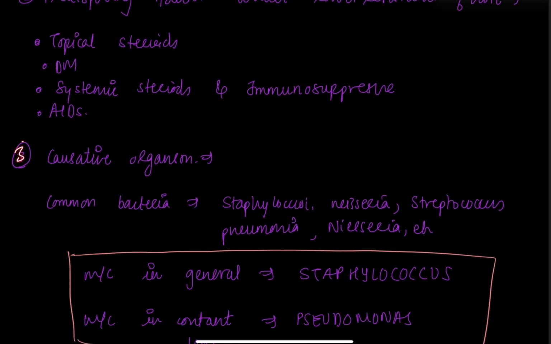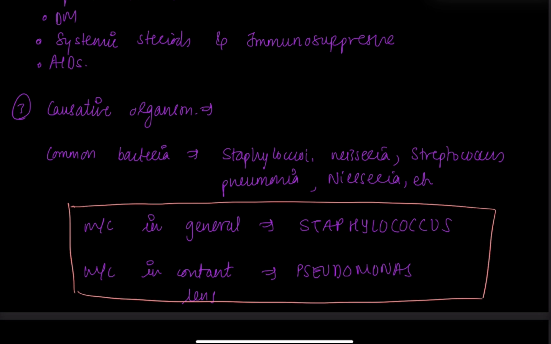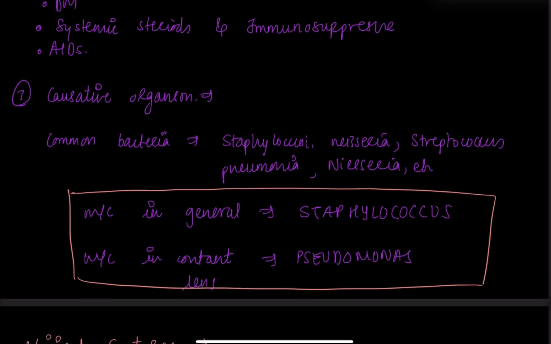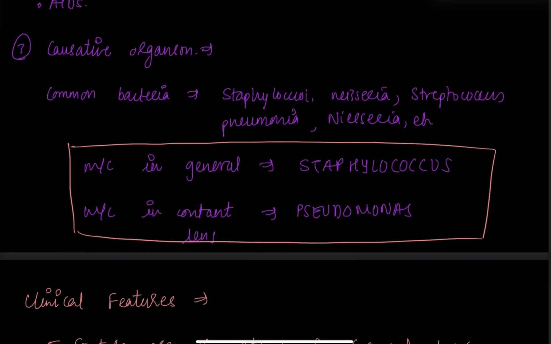Then the third one is the causative organisms. The common bacteria causing bacterial corneal ulcer are Staphylococci, Streptococcus pneumoniae, Neisseria gonorrhoeae, etc. You have to write this, and it is one of the most important things to write. It's a highlight point. You have to box it.